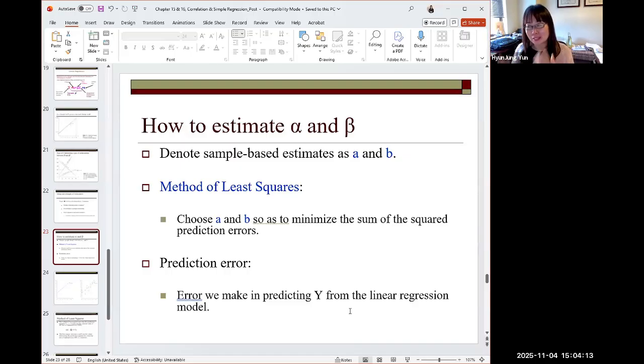So that is why we call this the method of least squares. Where we fix A and B, we minimize the sum of the squared errors. That's where we fix the regression model.